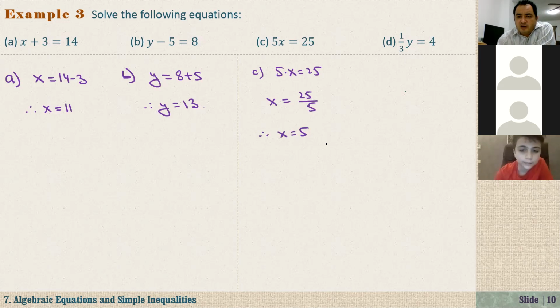That's equal to 5. And how about D? How can we eliminate 1 over 3 from the left-hand side? Multiply both sides by 3. Nothing changed. 3 and 1 over 3 we call reciprocals of each other. So y is equal to 12.